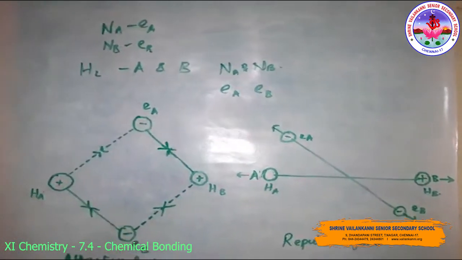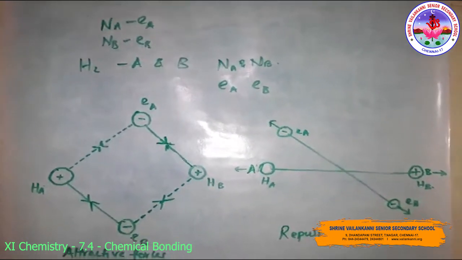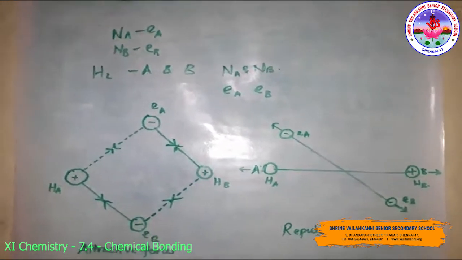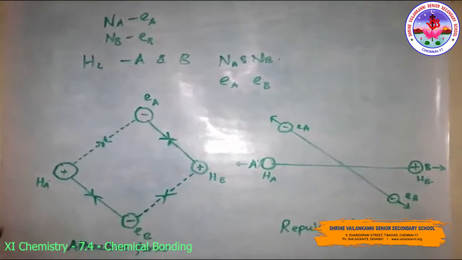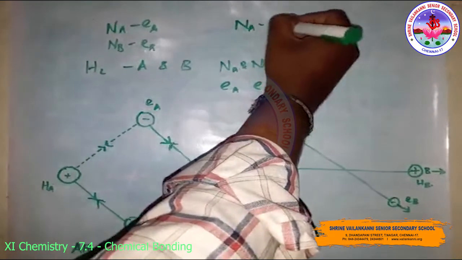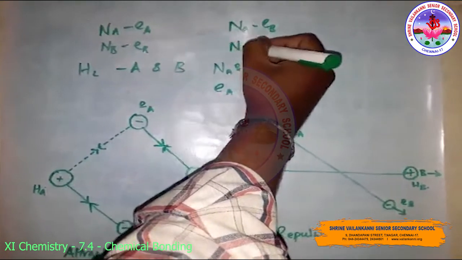Then the nucleus of one atom and the electron of the other atom, that is Na minus Eb and Nb minus Ea.